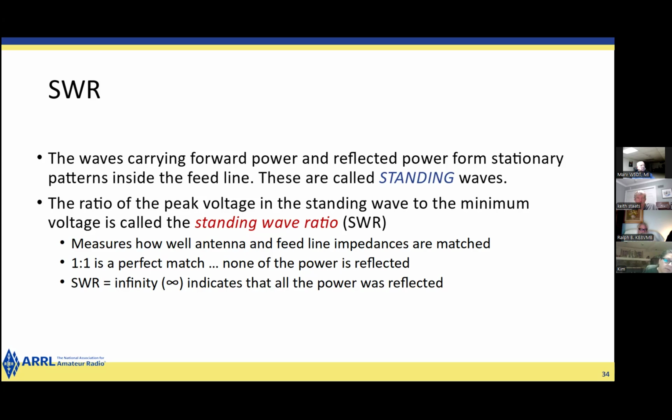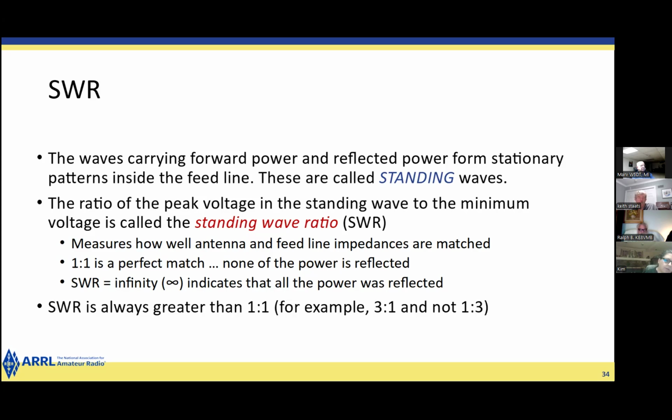None of the power is reflected. SWR equals infinity, indicating that all the power was reflected. And SWR is always greater than 1-to-1. For example, it would be 3-to-1 and not 1-to-3, or 1.5-to-1 or 2-to-1.